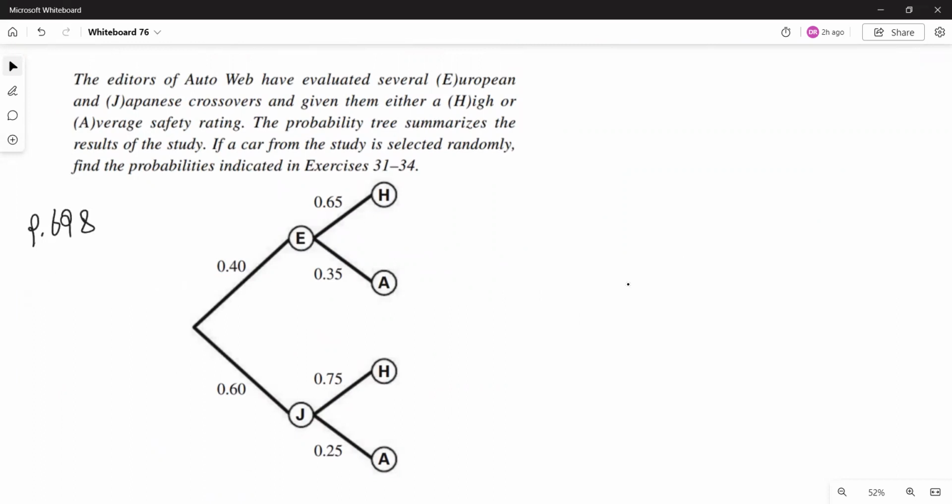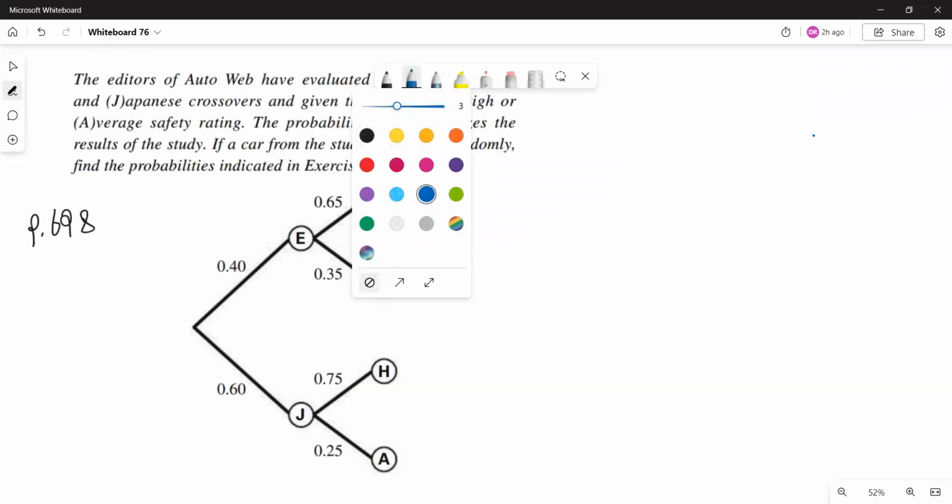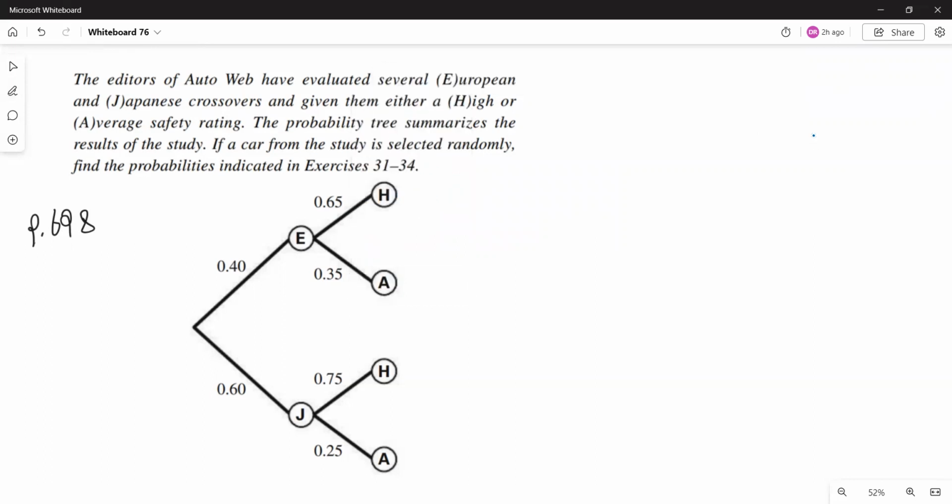The editors of AutoWeb have evaluated several European and Japanese crossovers and given them either a high or an average safety rating. The probability tree summarizes the results of the study. So this is how the probability tree works. Note that you have E and then H. The probability of E is 0.4 and the probability of J is 0.6. So the probability that the car is European is 0.4 and the probability that the car is Japanese is 0.6.